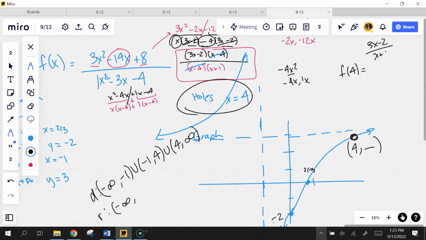So I'd get 12 minus 2, which is 10, and 4 plus 1, which is 5. So this point is actually 4, 2. So I'm going to go from -infinity to 2, 2 to 3, and then 3 to infinity.